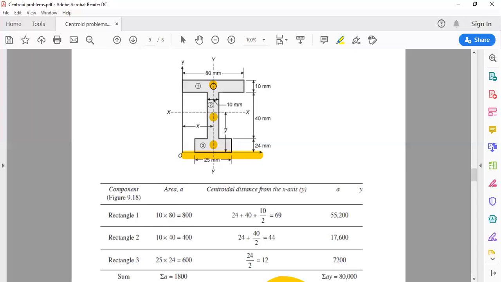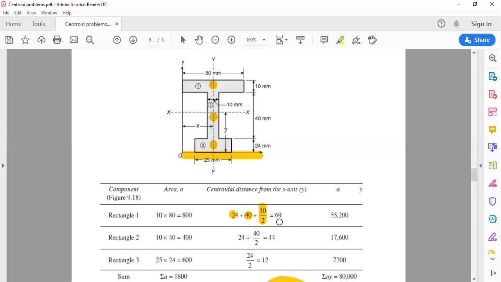It is the distance of the centroid of the first rectangle from the reference x-axis. So the distance from this x-axis to this centroidal point: 24 plus 40 will get me to the base of the first rectangle. Next, from the base to the centroid, it is 10 by 2. So I have written it as 24 plus 40 plus 10 by 2, which will give 69.